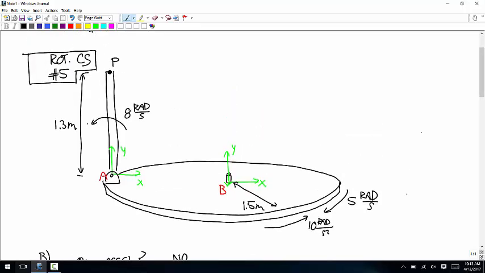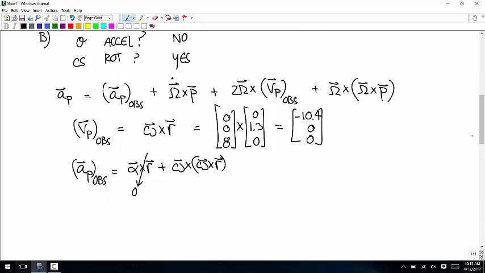That's a constant angular velocity. And so we just have 0, 0, 8 crossed with 0, 0, 8 cross 1.3, 0. We already calculated that, so that's this. And what do you get for that?